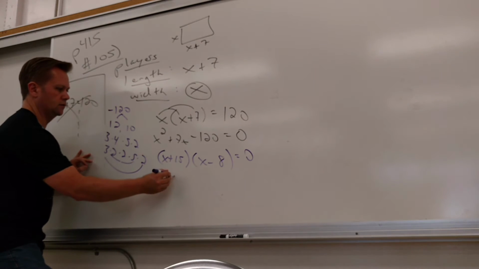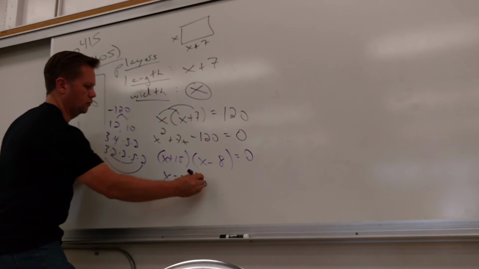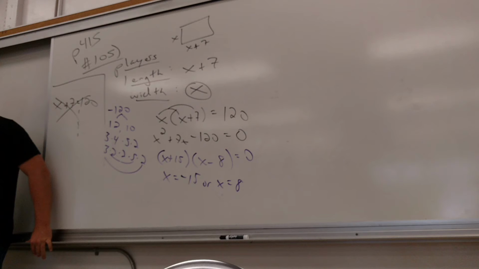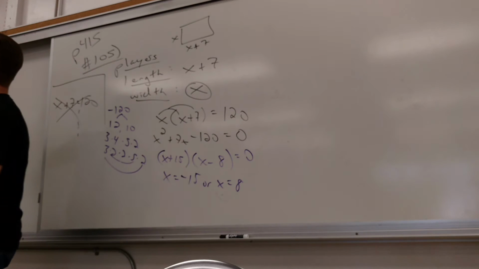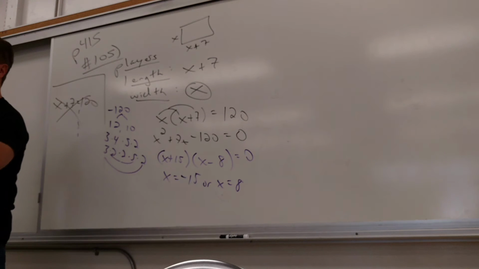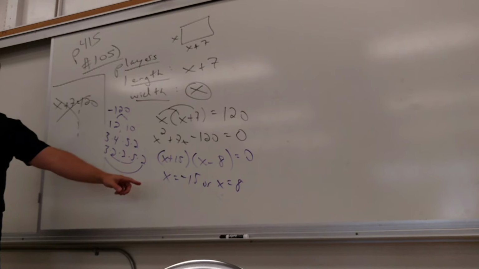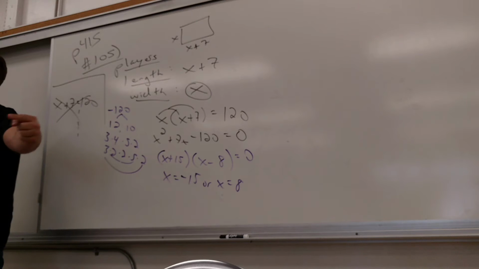So the next is negative 15, or x is 8. Considering this is a physical reality problem, we're trying to construct this, what was it? I forgot already. Shed. I'm trying to make this shed. Which one of these do I throw out? Don't tell me you're going to make this negative 15 foot long shed.